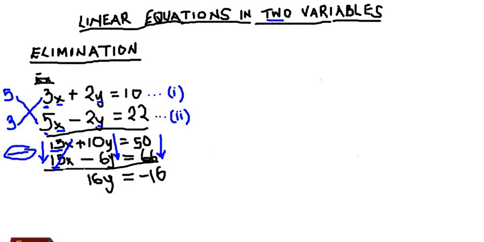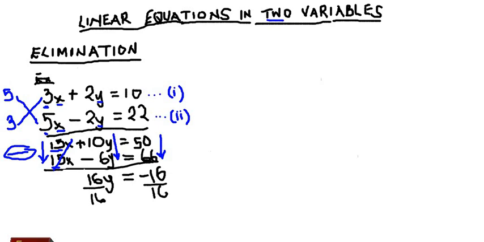So the next step, we said we can now proceed to solve for the remaining variable, which is y, and we solve for y by simply dividing by its coefficient.